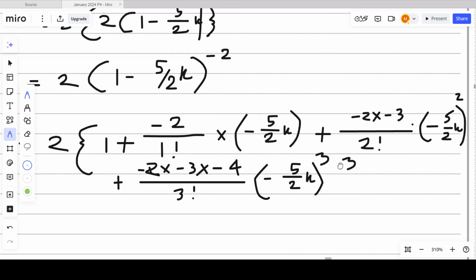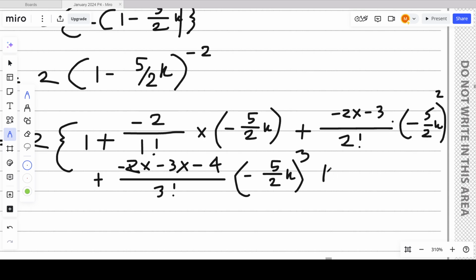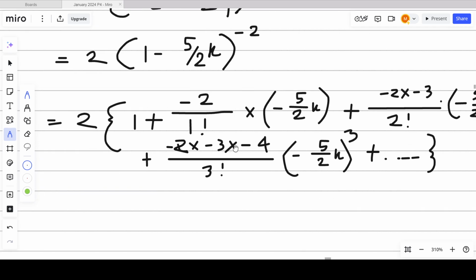Fair enough, we got the first four terms, and it will keep going since it's an expansion.